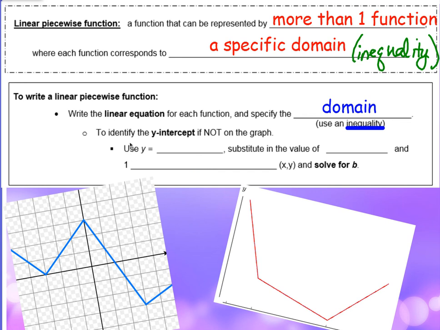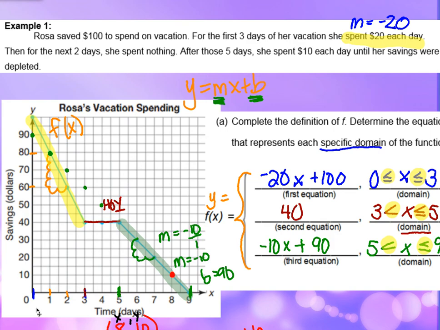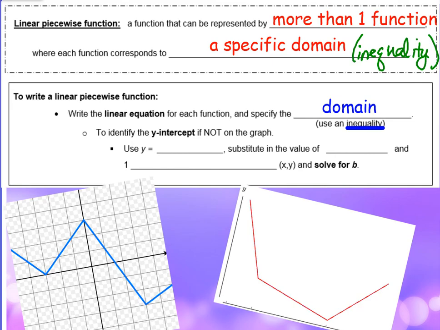So to identify the y-intercept if it's not on the graph. So remember from this example, it was on the graph, we were able to find it. I mentioned before that sometimes it won't be so easy. So what you're going to have to do is use, just like we did on the front, y = mx plus b.